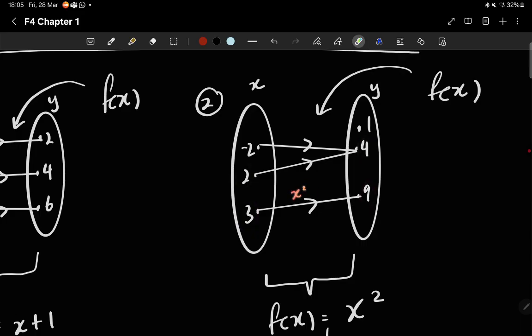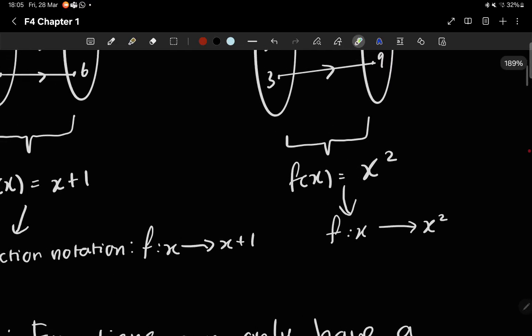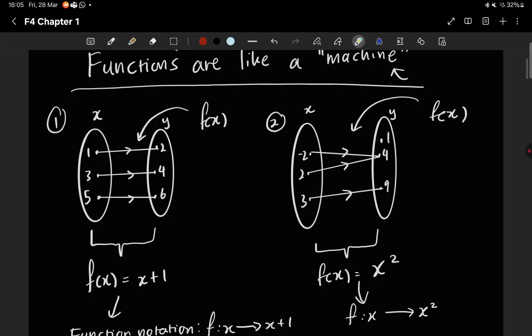So the bridge, or our function, will be x squared. For every input that is taken, it is squared, which gives us our y value. Alright, so that's just a brief explanation about a visualization about functions.